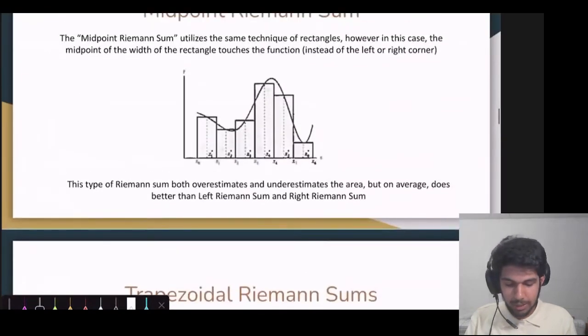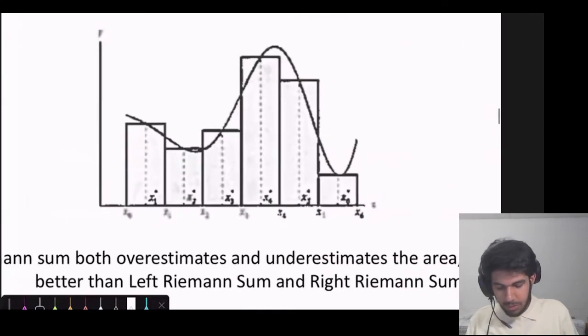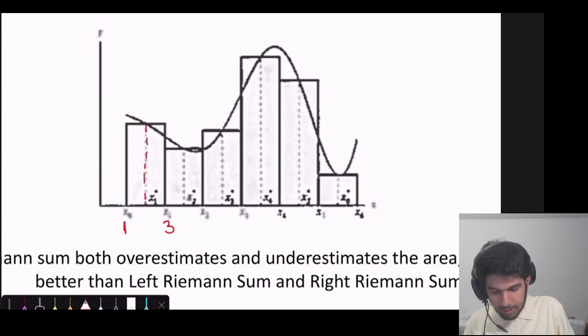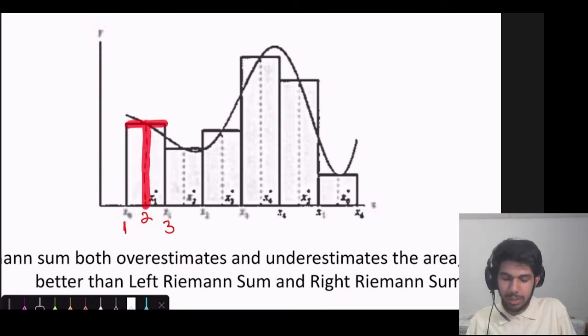Let's scroll back and take a look here. We have, let's call this 1, let's call this 3. So our midpoint is 2. We look at where f of 2 is on the function. That determines our height. That is the height of the rectangle. We can see that we touch at f of 2, and that determines the height. The width is still 2 here.